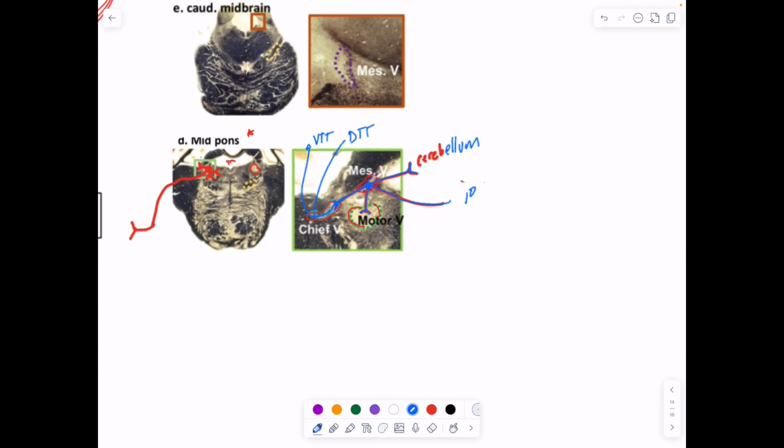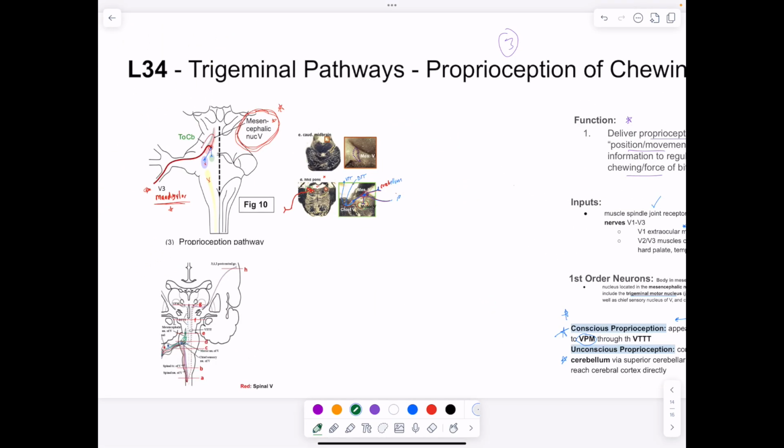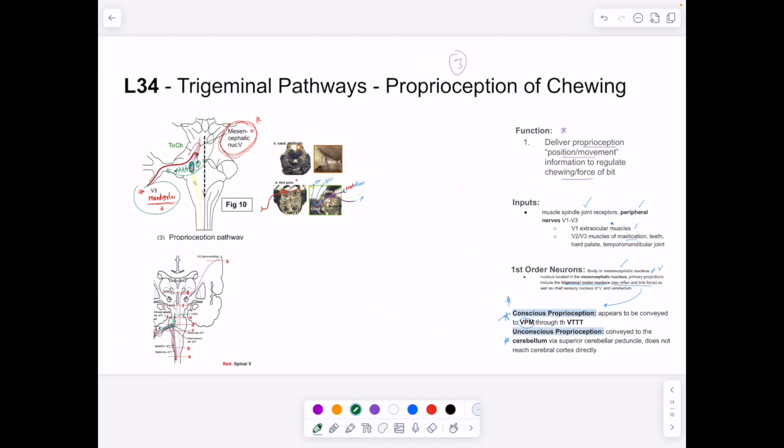All right, so for chewing coming in from the mandibular, you go to the mesencephalic nucleus, then you can go to the chief, and that one will go up for conscious proprioception of the muscles of the jaw. Here is motor, and this will send back to control the jaw muscles, like, hey, move this way. Okay, all right, and then finally you could also go to the cerebellum.